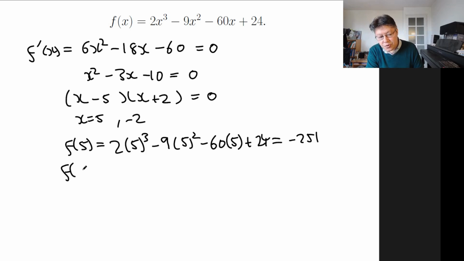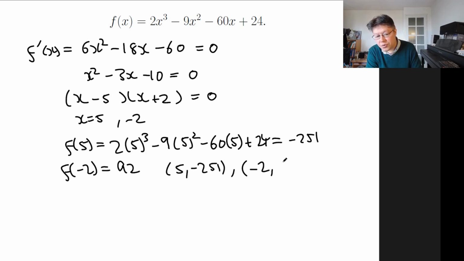And if we substitute minus 2 into the function, and again if we use a calculator, that equals 92. So we have two stationary coordinates. We have the coordinate 5, minus 251 and minus 2, 92.